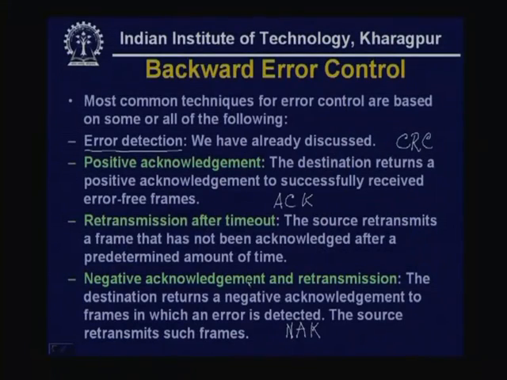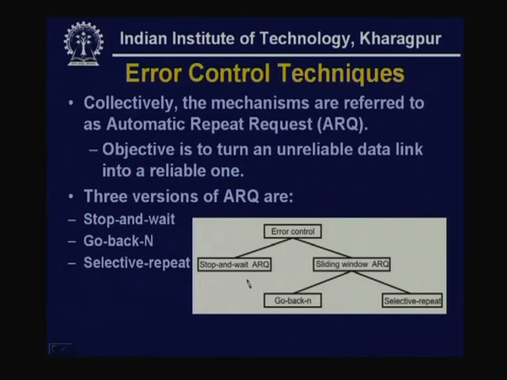So, in such a case, the sender will use some kind of timeout mechanism for retransmission. So, these are the basic techniques or components used for backward error control, and these error control techniques are collectively referred to as automatic repeat request, ARQ.